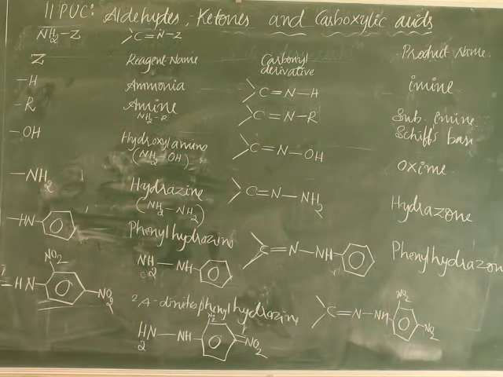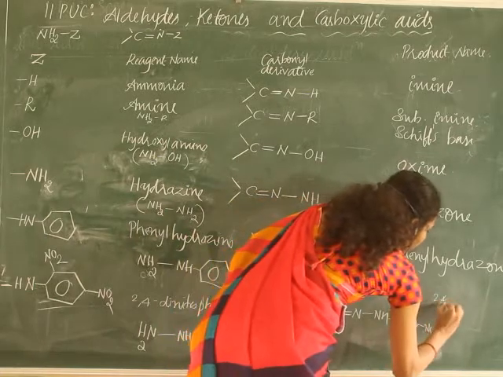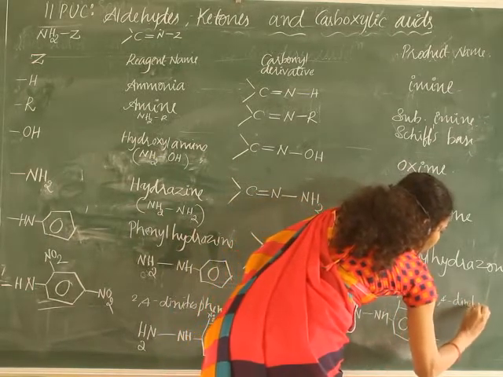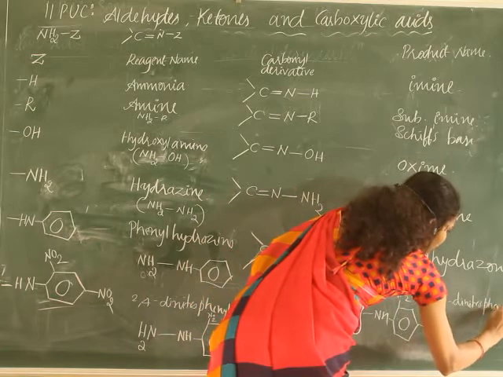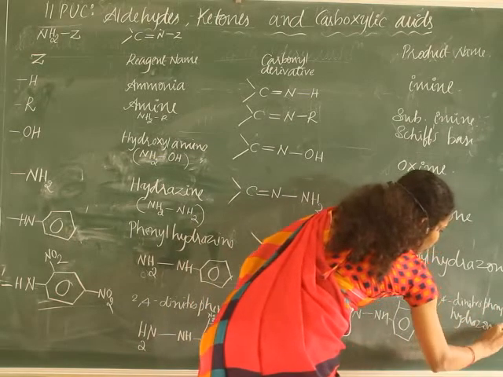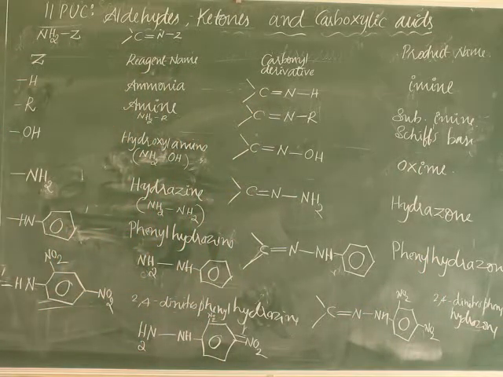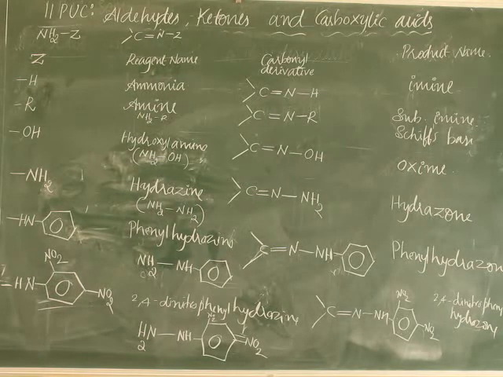And the name of this product is 2,4-dinitrophenylhydrazone. Okay, 2,4-dinitrophenylhydrazone. It is used in the detection of aldehydes and ketones.